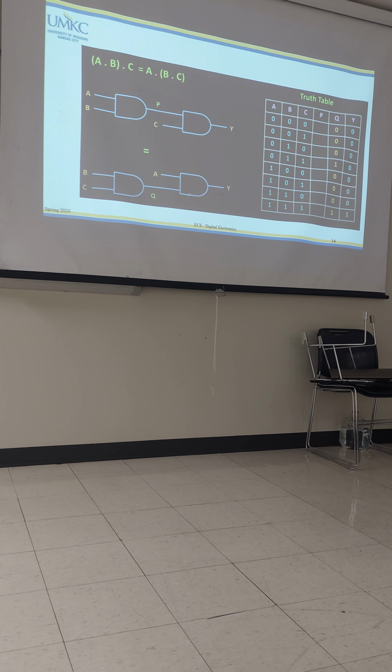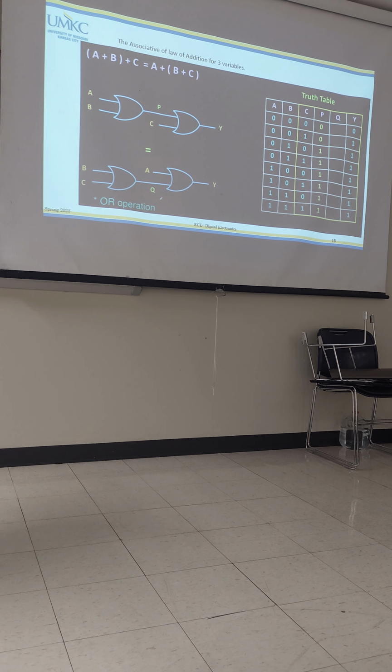This is the associative law for addition. Here also you give two variables A and B to the OR gate. The output of this first OR gate is given to the second OR gate to OR with C. If you instead OR B plus C, another two variables, then give the output to the next OR gate to OR with A, it will also give you the same result.